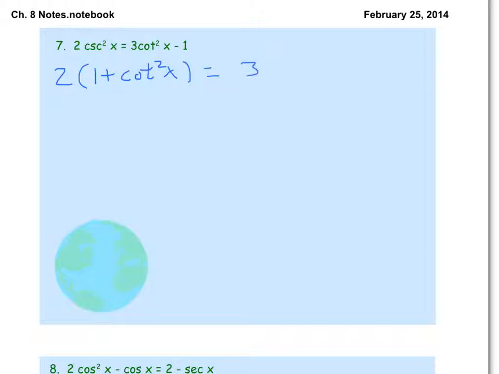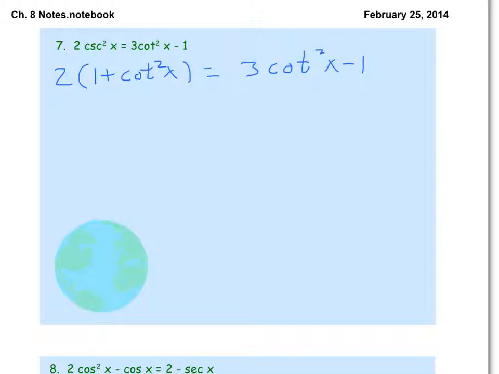And then the right side will still just remain 3 cotangent squared minus 1. Okay, now it seems like the equation got even more complicated here for a second, but in reality it hasn't. Largely due to the fact that it's all now in terms of cotangent, which is a good thing. That's going to be useful to have it all in terms of one trig function.